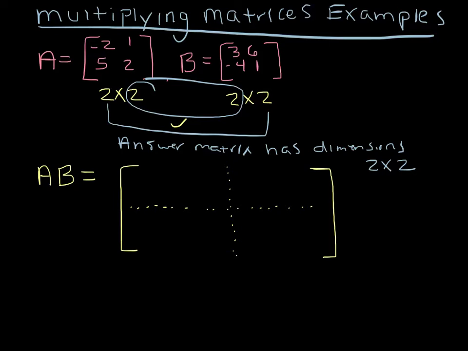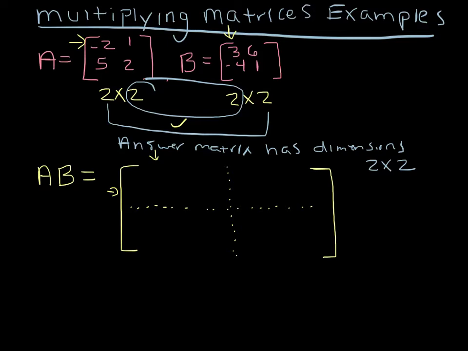So I'm going to first get the entry in row 1, column 1 of A times B. The way you get that is you focus on row 1 of matrix A and multiply it times column 1 of matrix B. I'm going to work across the rows in matrix A and down the columns in matrix B.